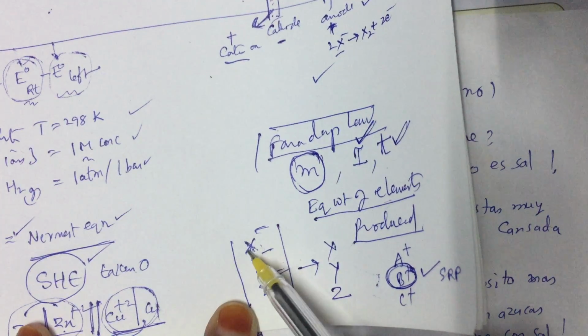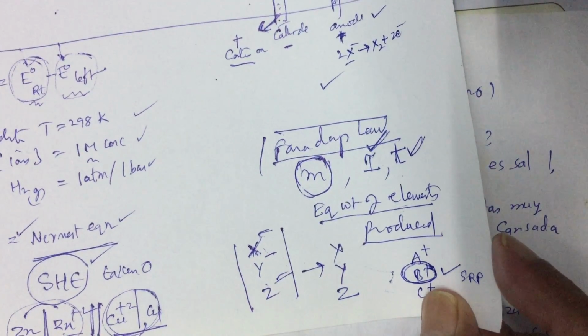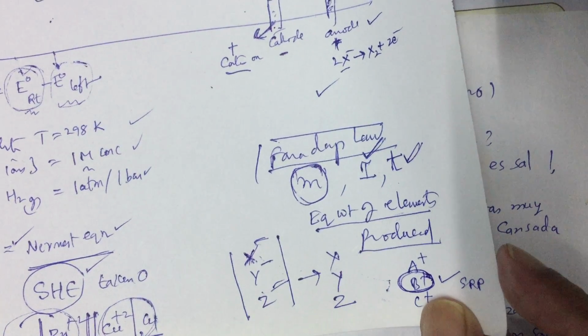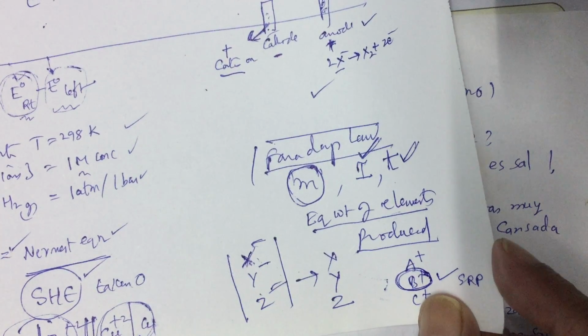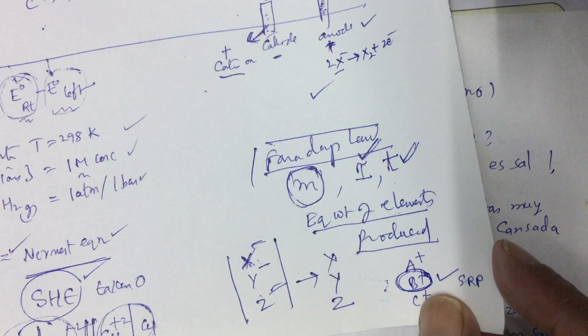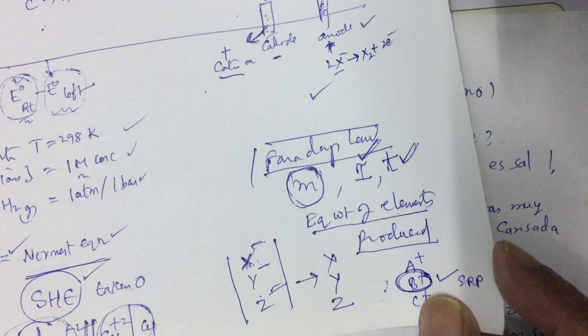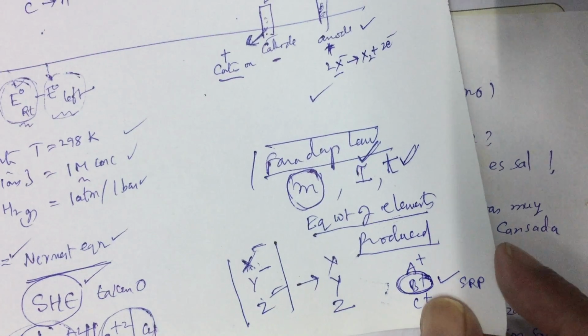So, we always use SRP, standard reduction potentials, to measure the ease of a certain oxidation or reduction in an electrolytic cell when there are different ions.